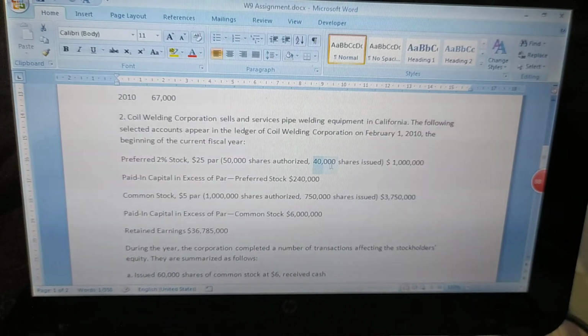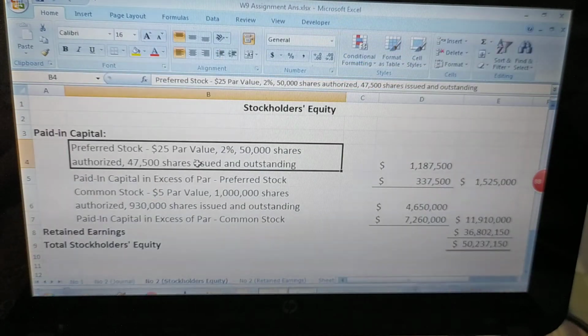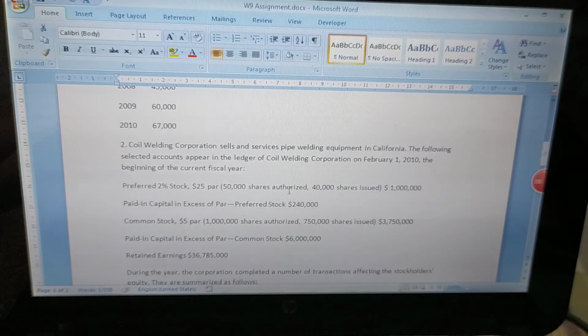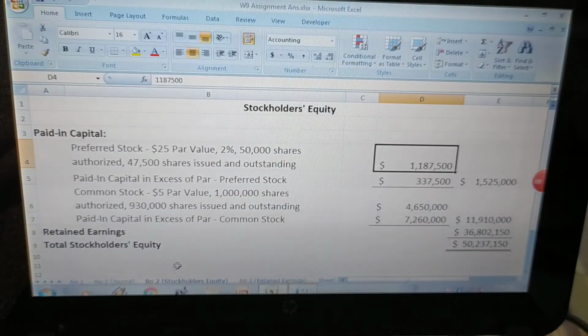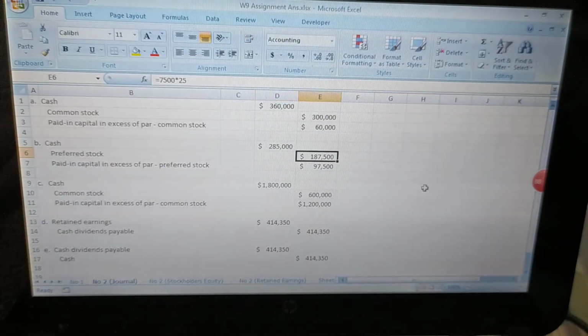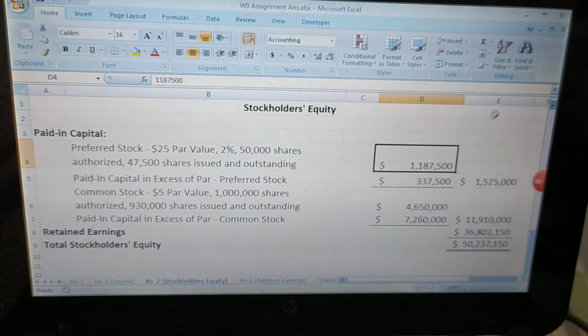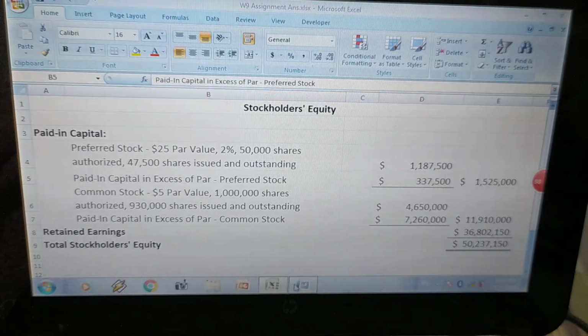So 40,000 plus 7,500, the shares issued and outstanding is 47,500. For the amount, we take from the question 1 million plus the preferred stock in the journal entries. So 1 million plus 187,500, we get 1,187,500.